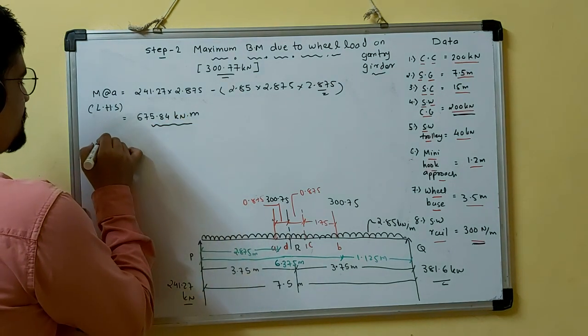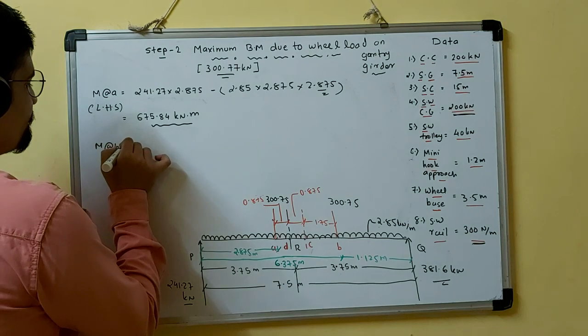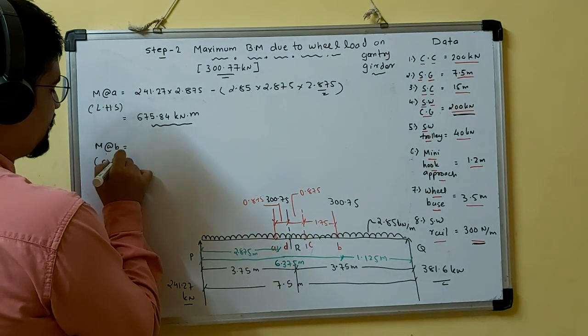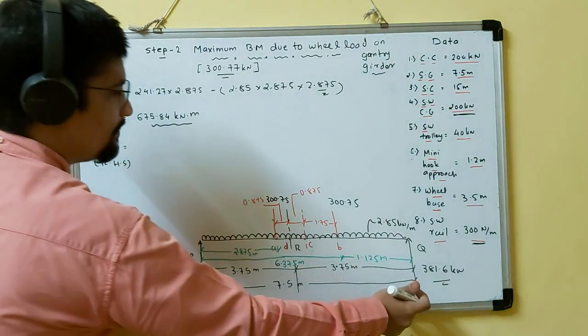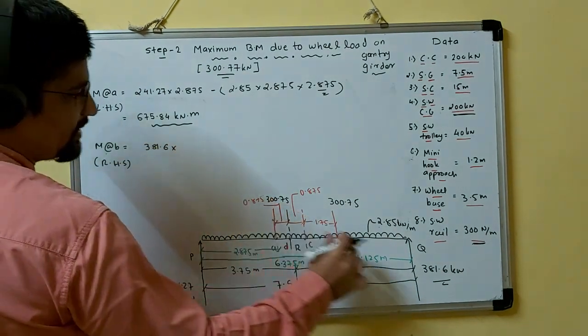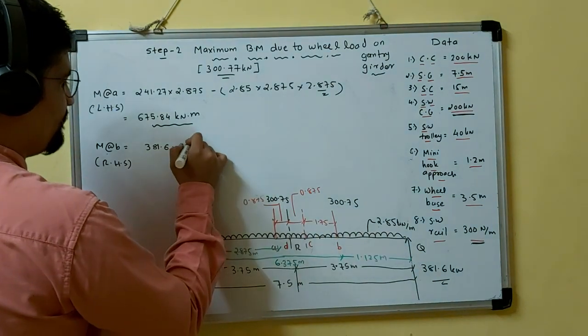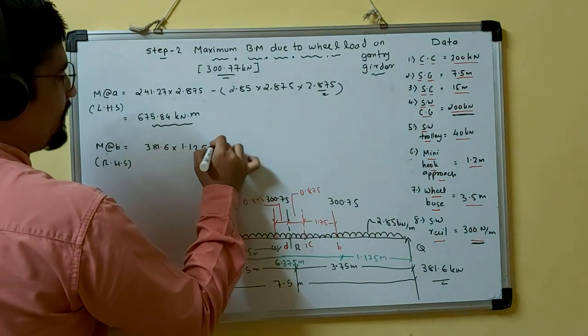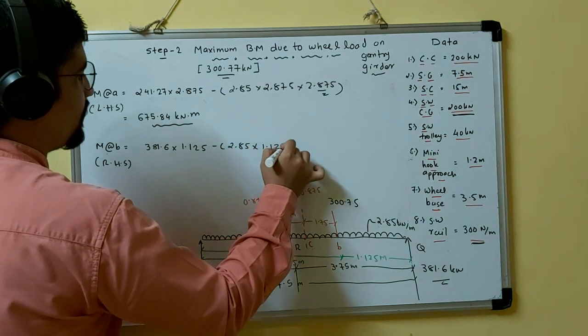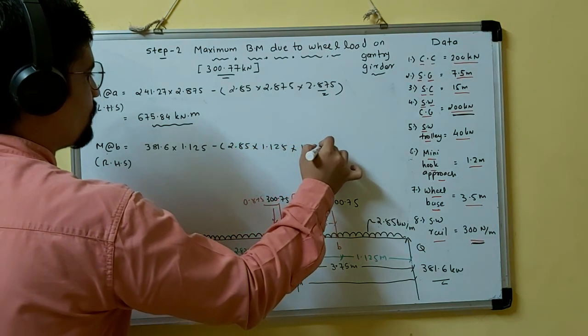Now, moment at B will be from the right hand side. We will calculate it from the right hand side. So it will be 381.6 into the right hand side length, 1.125, minus 2.85 into 1.125 into 1.125 by 2.